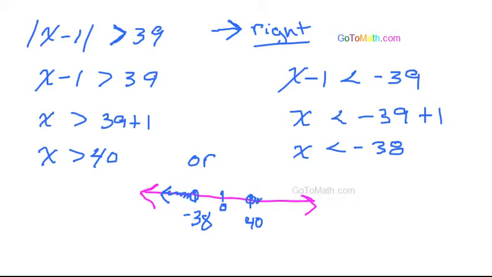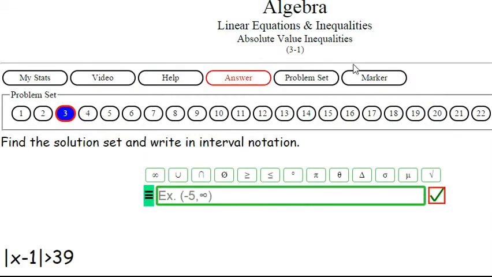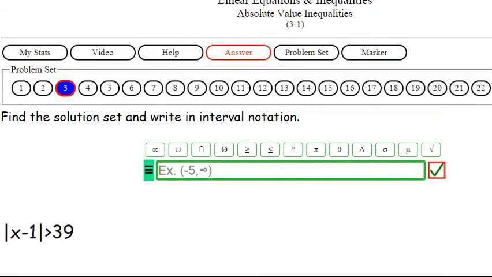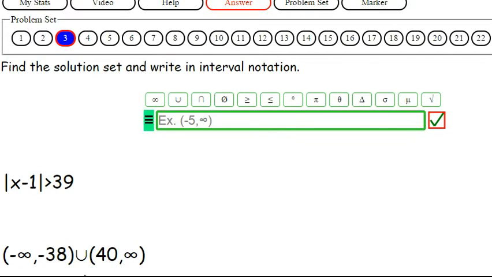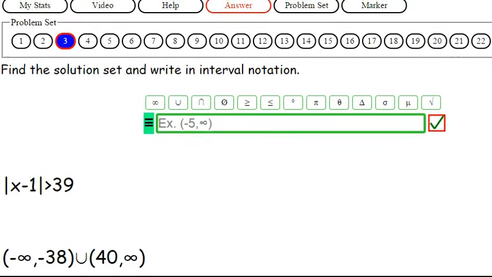Put a hole, and everything going to the right of 40. And so we can write this as negative infinity to negative 38, parentheses, remember, now union 40 to infinity. Okay? As you can see there, you can type that in, check your work, whatever you want to do.